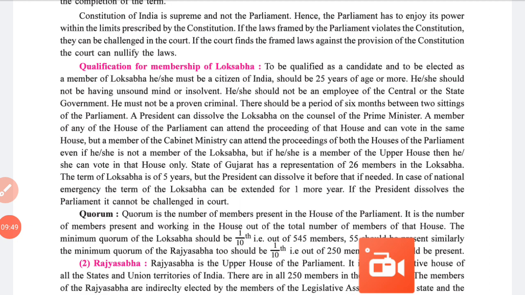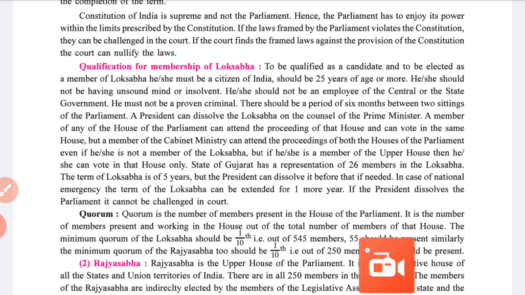Now we study in detail. Qualification for membership of Lok Sabha: to be qualified as a candidate and to be elected as a member of Lok Sabha, he or she must be a citizen of India. Then 25 years of age or more.